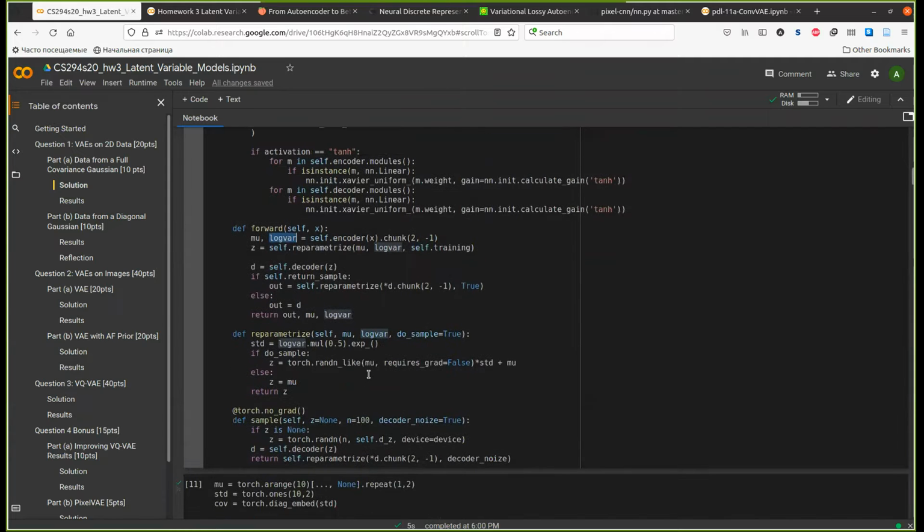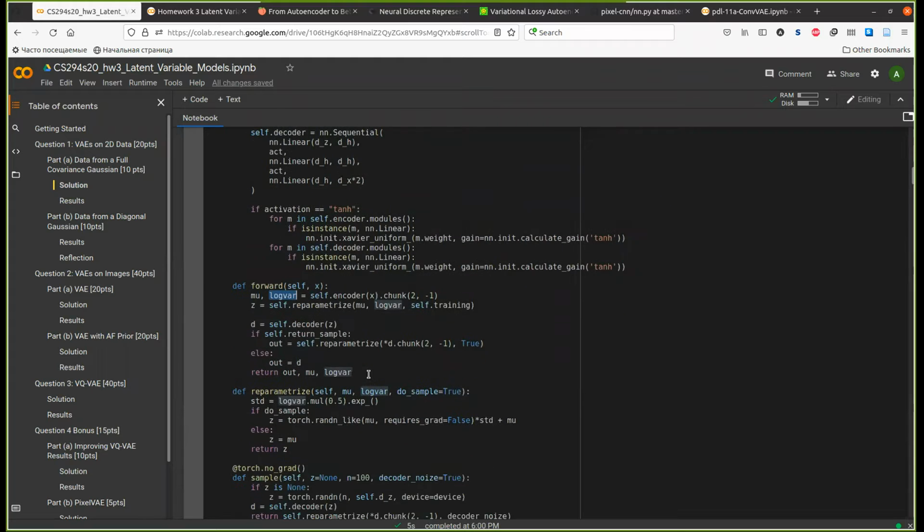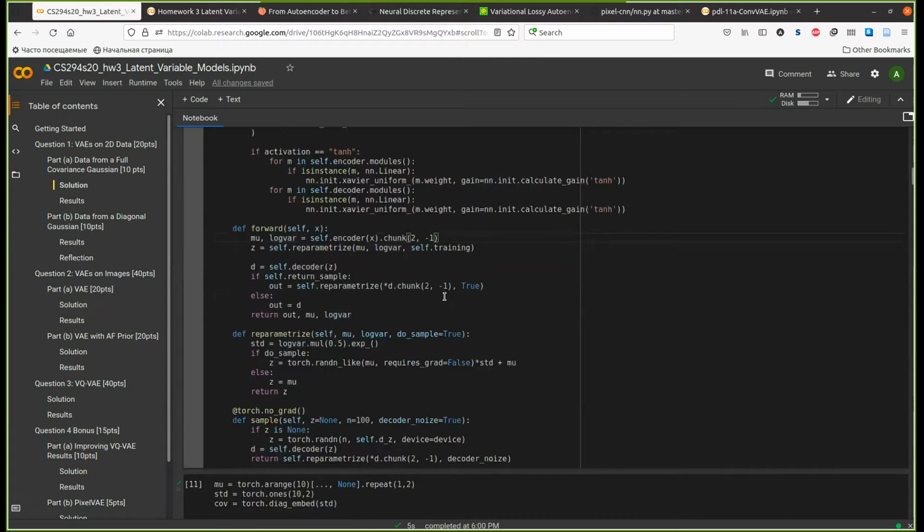Yeah, so you have a bunch of options for how to write it, and that's an arbitrary choice I made, which might or might not be the most convenient way to do it.